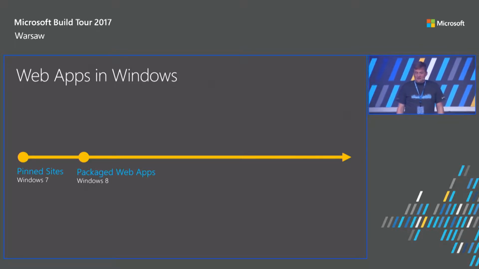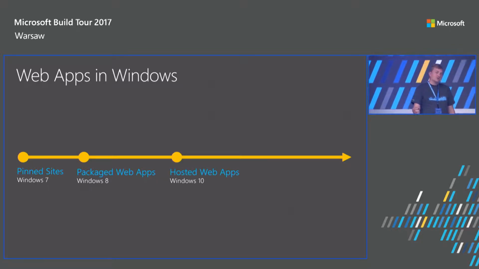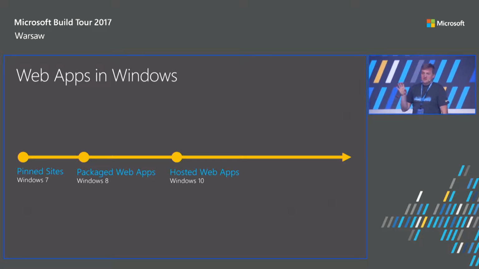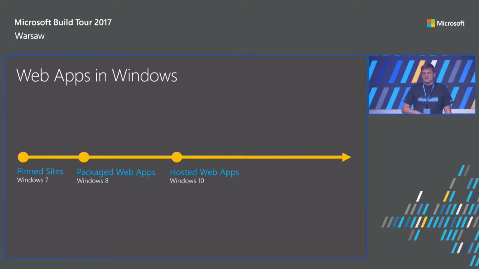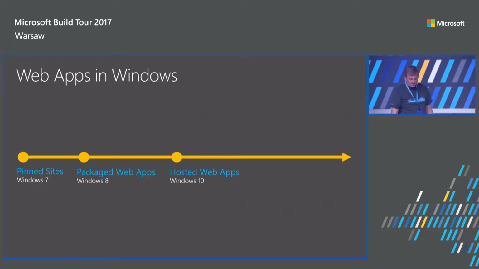Then in Windows 8, we added packaged apps where you could submit your web apps to the store as a package. And then in Windows 10, we introduced hosted web apps, which allowed you to maintain your website on your server and use that as a store application. It was always live, it was always up to date because it always pointed to your web content.